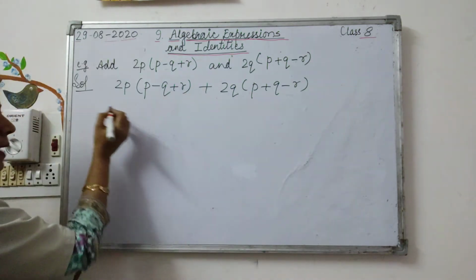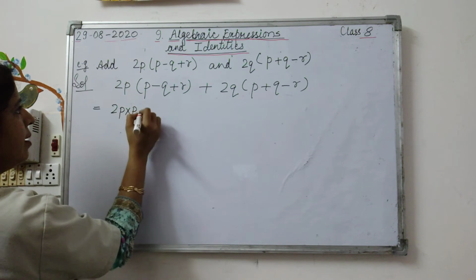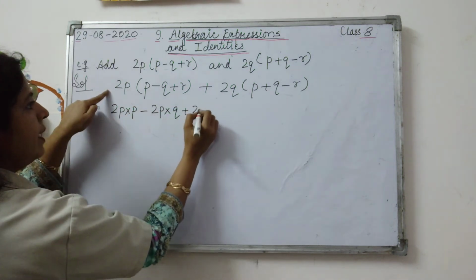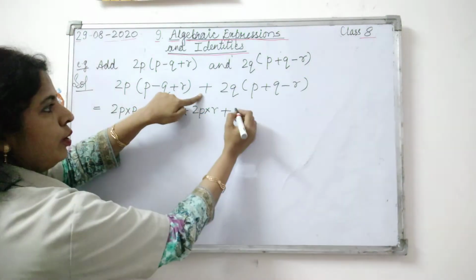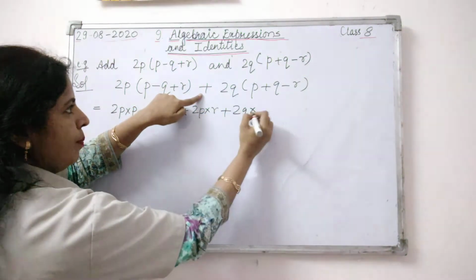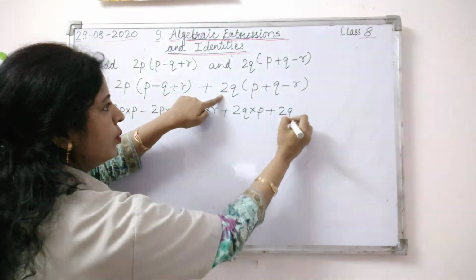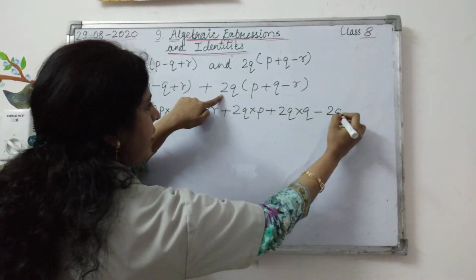Now opening the brackets using distributive property: 2p into p minus 2p into q plus 2p into r, plus 2q into p plus 2q into q minus 2q into r.